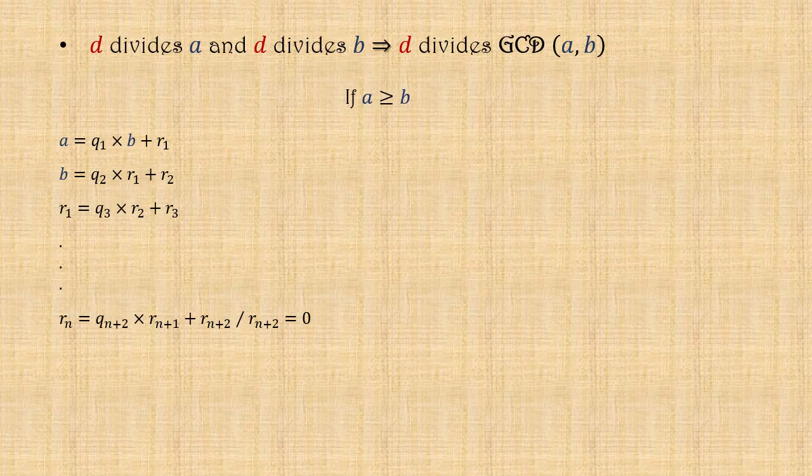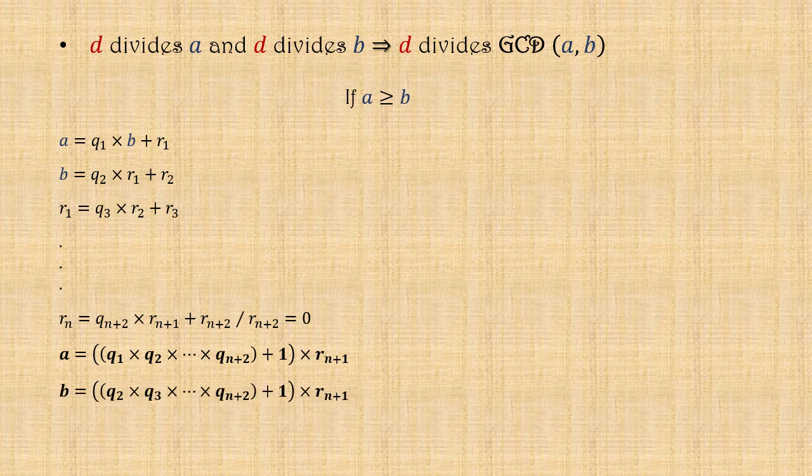So, a would be equal to the multiplication of the quotients, q1 to qn plus 2, all multiplied by the rest rn plus 1, and b equals the multiplication of the quotients from q2 to qn plus 2, all multiplied by the rest rn plus 1, which is the last rest different from 0 and the greatest common divisor of a and b.